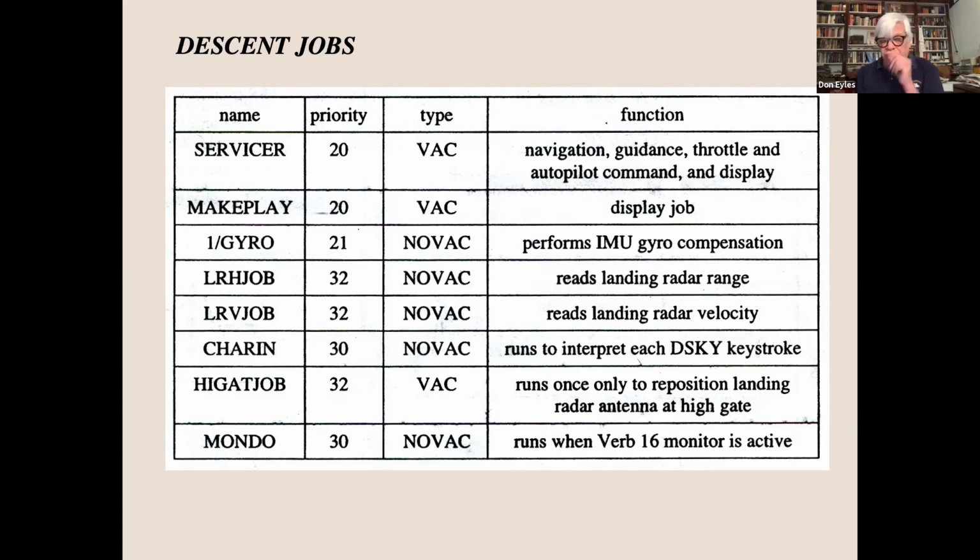But if the astronaut, for example, wanted to see the difference between the altitude measured by the radar and the altitude of the inertial guidance, he could call up a different noun using verb 16, and to service that request would require a new job. So that's what that Mondo job is. Next slide.